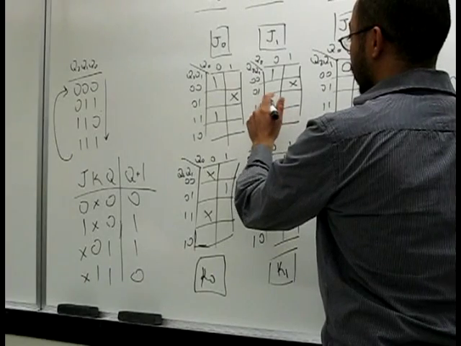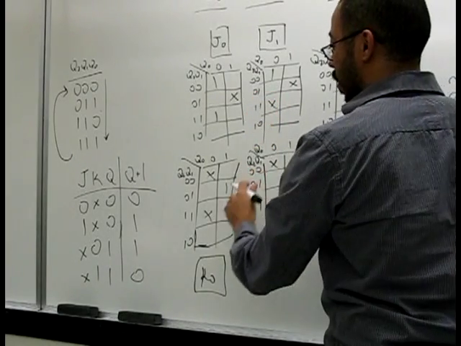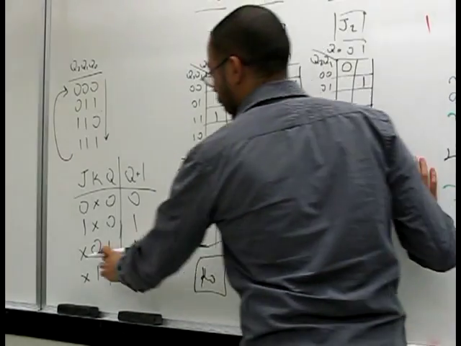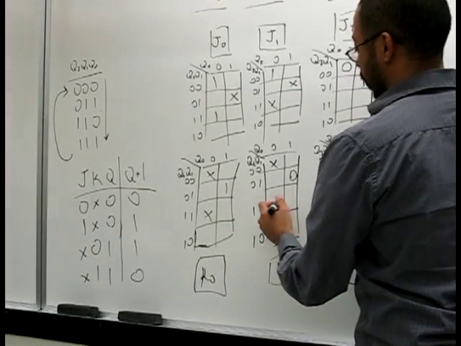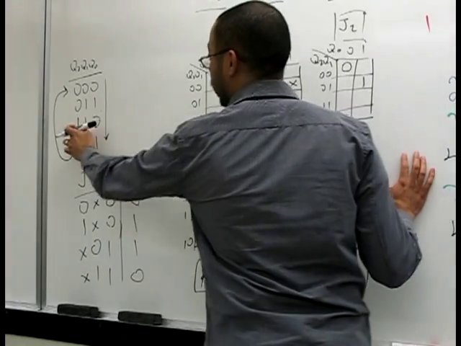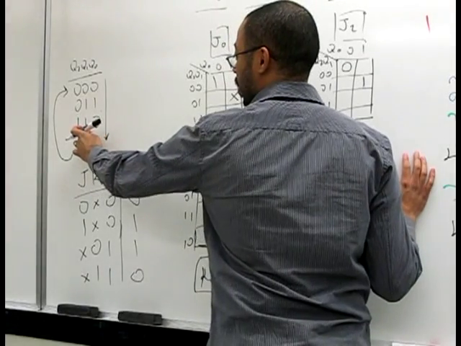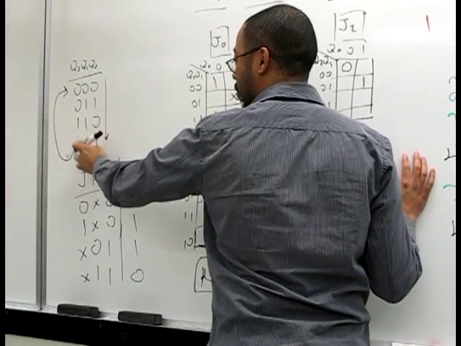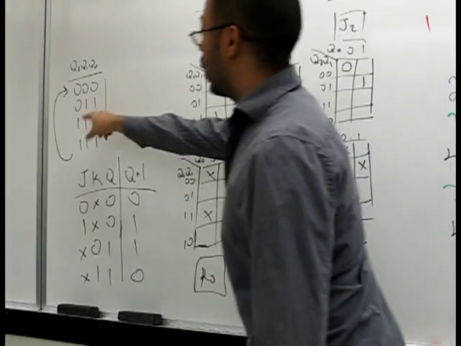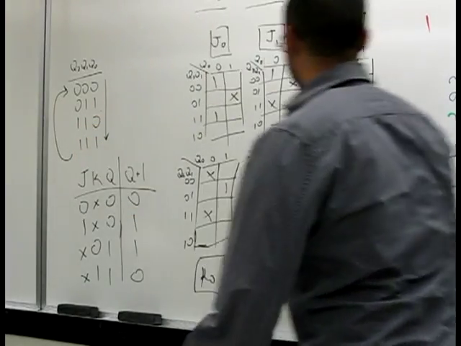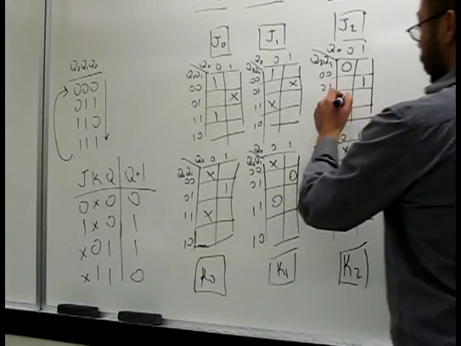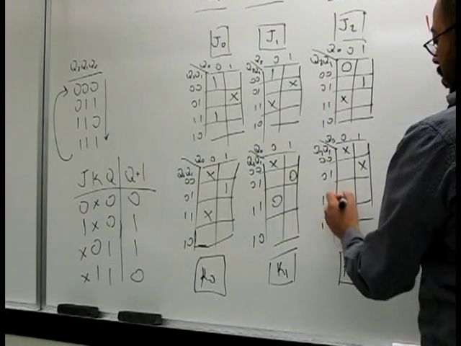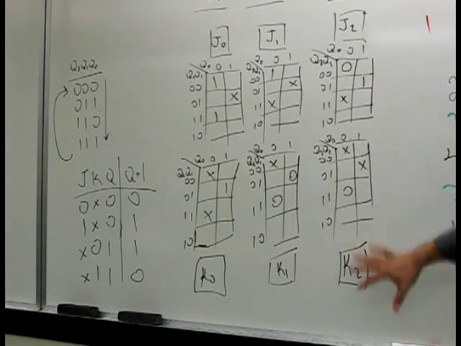So for 1, 1, 0, J doesn't care, K is 0. That's for our 1, 1, 0 for Q1. So 1 before the pulse, 1 after the pulse. Same for the next one. Q2, one before, one after. So that X0, we'll just transfer it right over here, X and 0, because the same transition is happening in Q2.